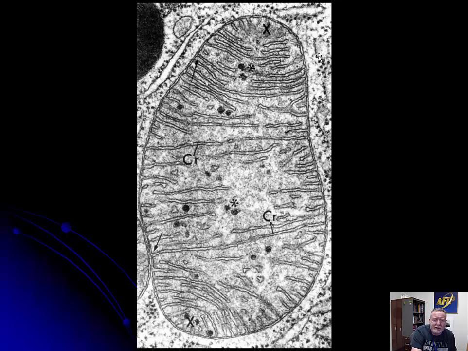In between the cristae is the matrix of the mitochondria, and this is where anaerobic glycolysis takes place. So cells that use a lot of anaerobic glycolysis, they don't have a high need for oxygen, like cells, believe it or not, within the central lobular liver.